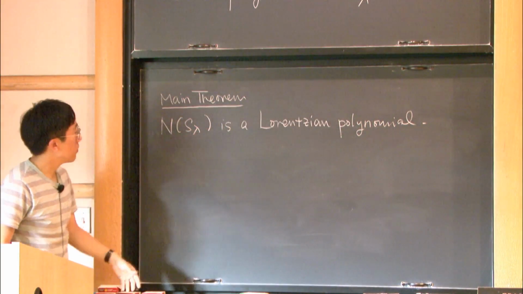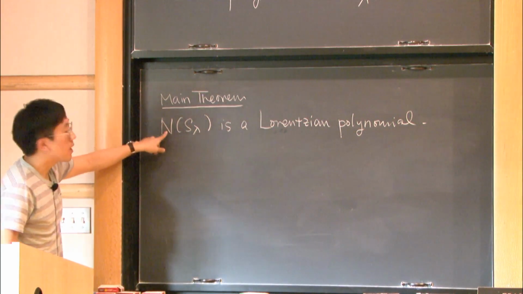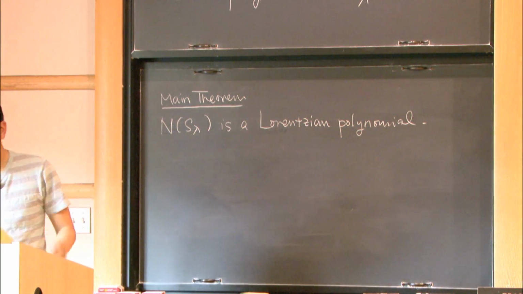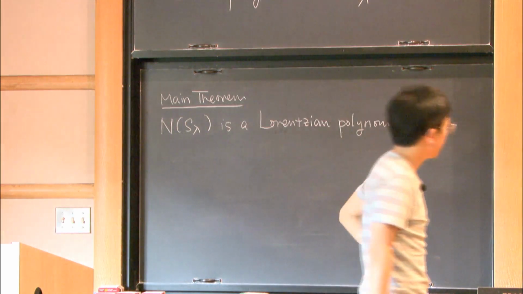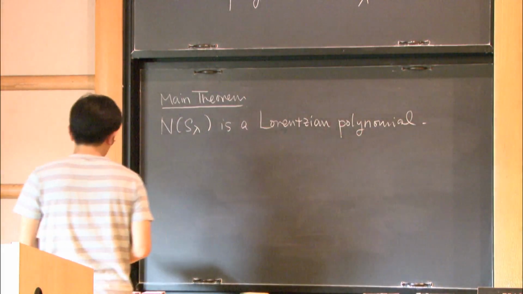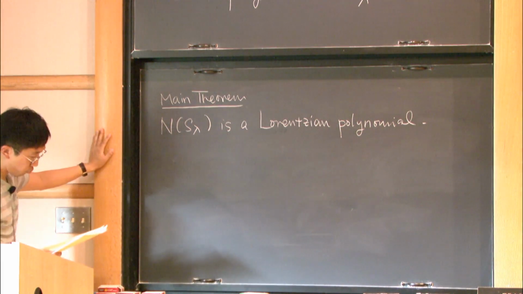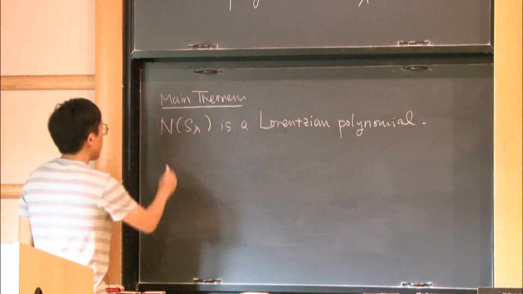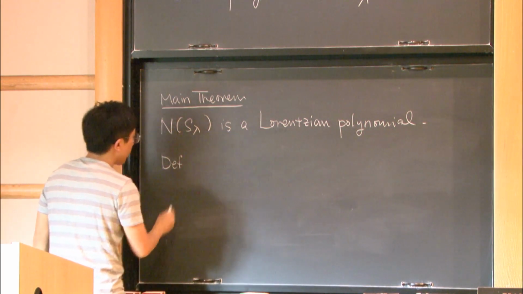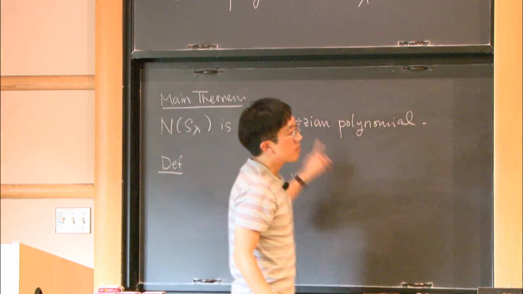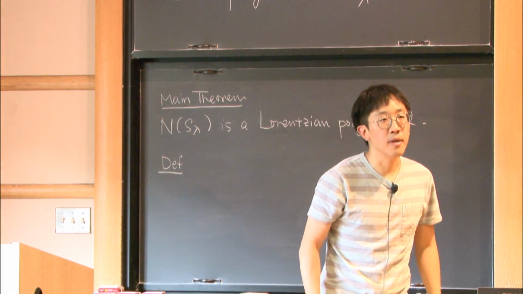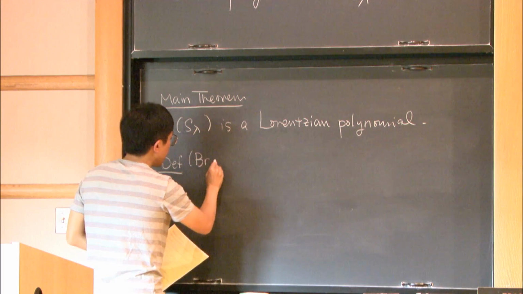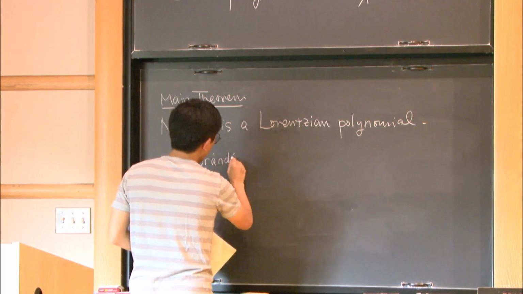And the result is not true, whatever Lorentzian means, if I do not take this normalization N. So let me briefly tell you what this Lorentzian property is. This Lorentzian property implies both the discrete and continuous version of the concavity statement. And I introduced this in my work with Patton and Stockholm.